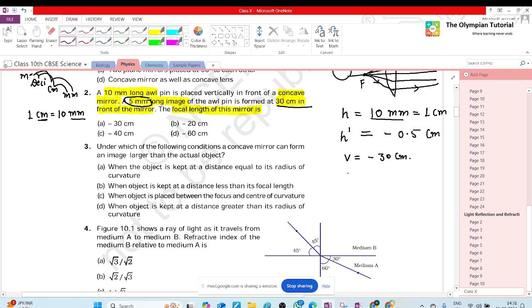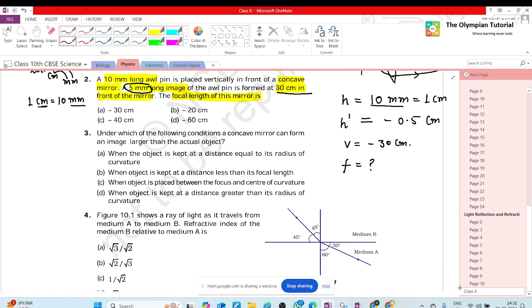Focal length of the mirror. How can we calculate focal length of the mirror? Ma'am, we have to get the object distance's value. But how?